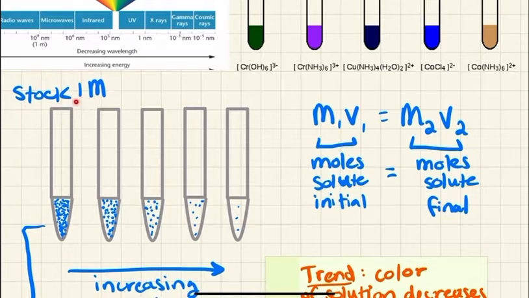Sometimes that is unknown, but usually a stock has a known concentration, and this should have more decimal places associated with it. But just for this illustration, let's say it's a 1 molar stock solution, and this is meant to represent the concentration of 1 molar. It's a pretty high concentration.